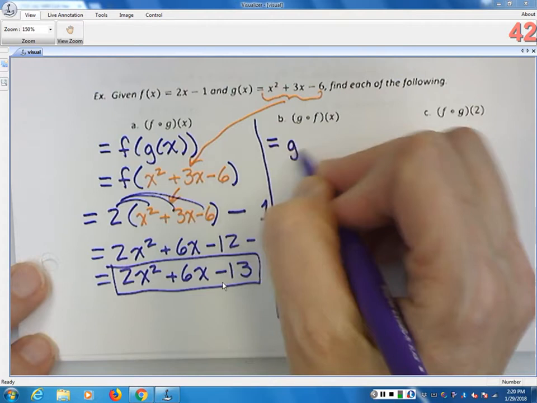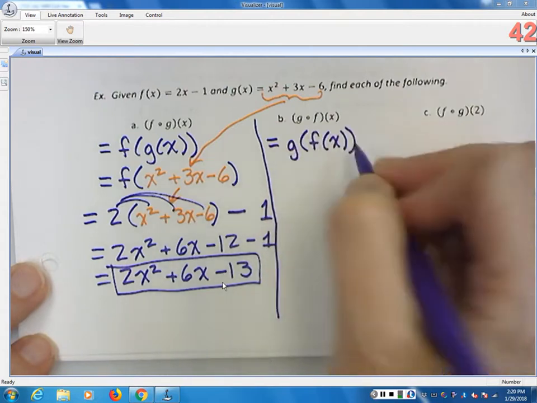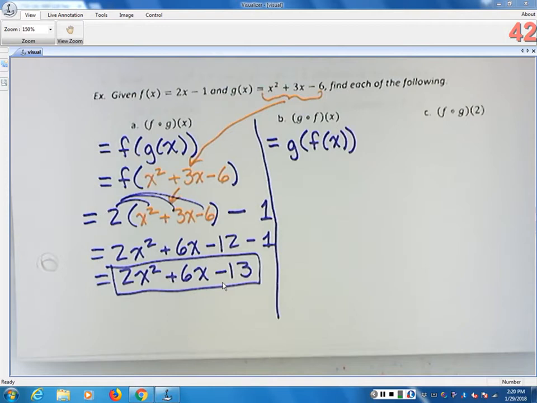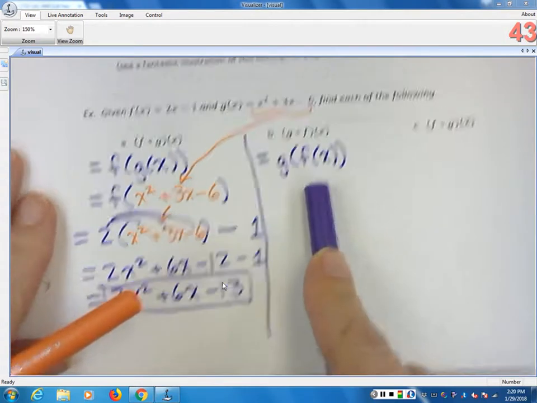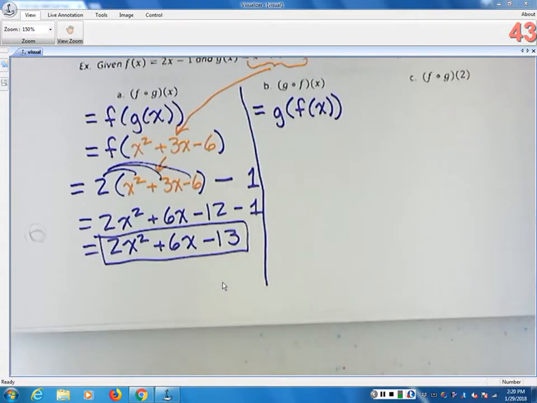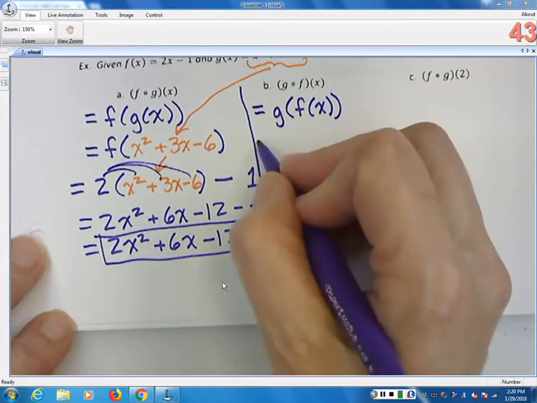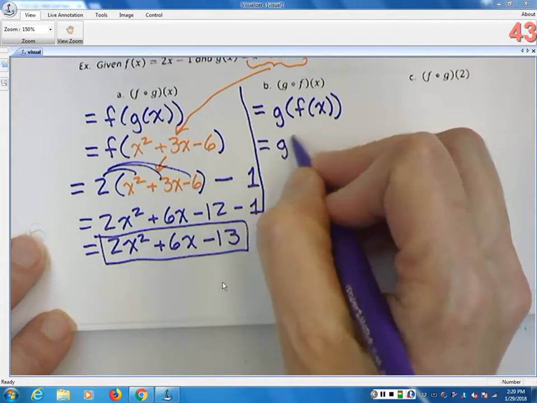It's g of f of x. And it's different because now f of x is our inner function. We would switch these two. Okay, but I'm not going to bother drawing the picture. So it is g of f of x. So we're going to replace f of x with what it is.